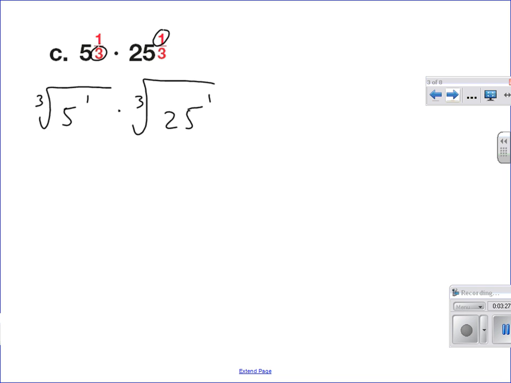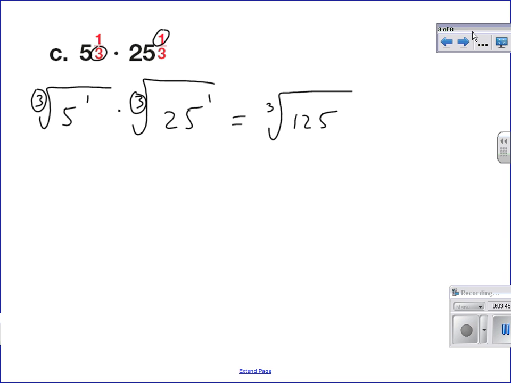Okay. Does that work? Can I multiply those? Yeah. The 3's are the same here. So I can go ahead and multiply under the cube root sign, I should say, and I get cube root of 125. You say, oh, I know that number. What number times itself 3 times is 125? That answer is 5.